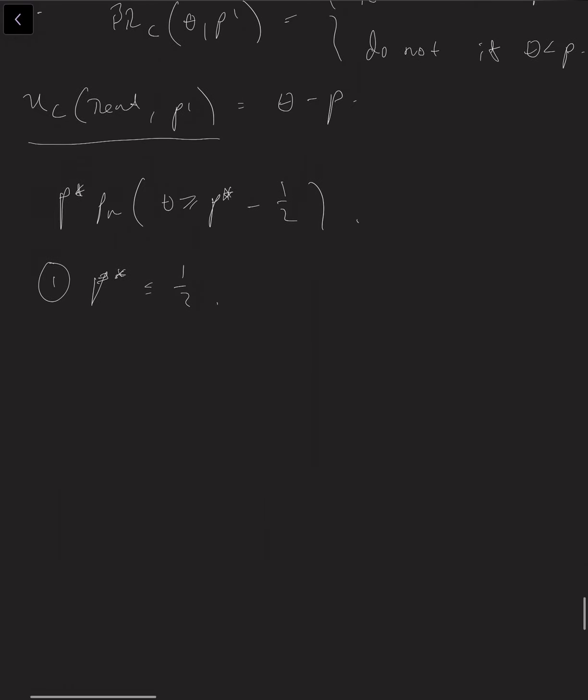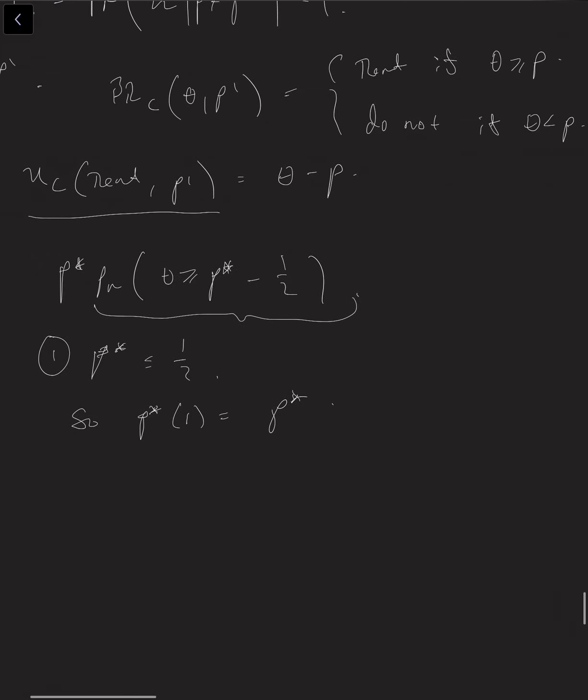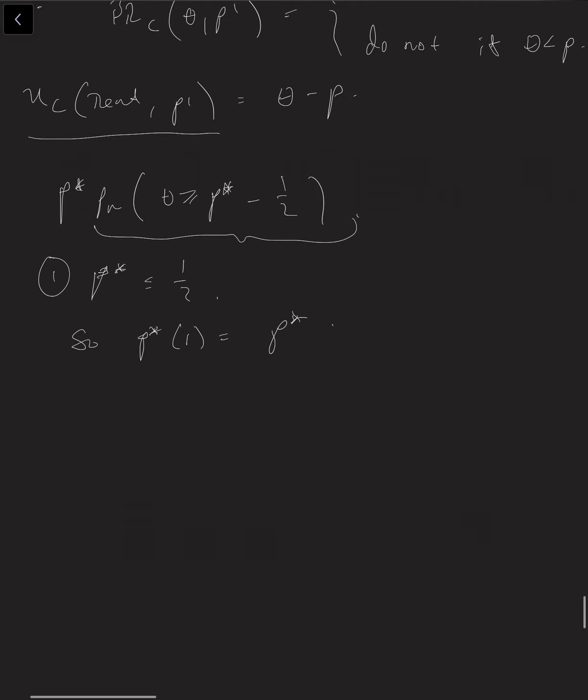Now if it's less than or equal to half, well, in that case, the probability that theta is greater than or equal to some negative number or 0 is just going to be 1, right? So this term reduces to 1, and the expected utility in that case would just be P star.